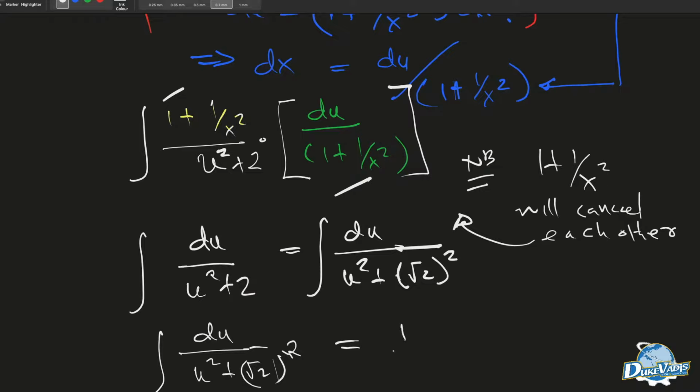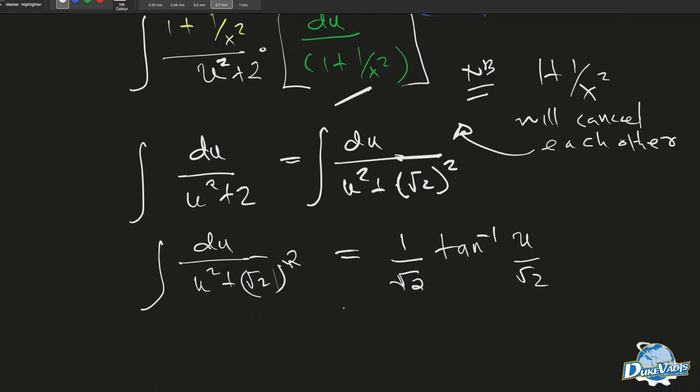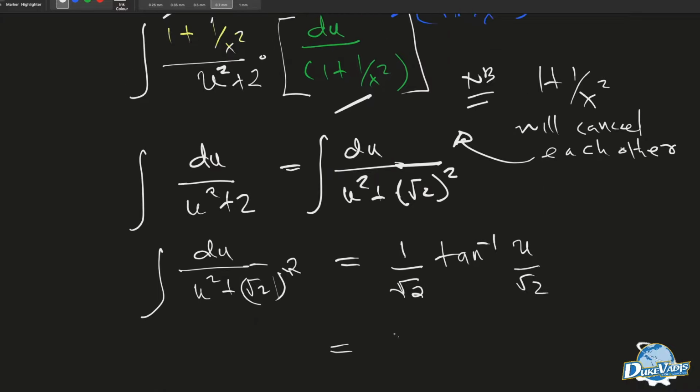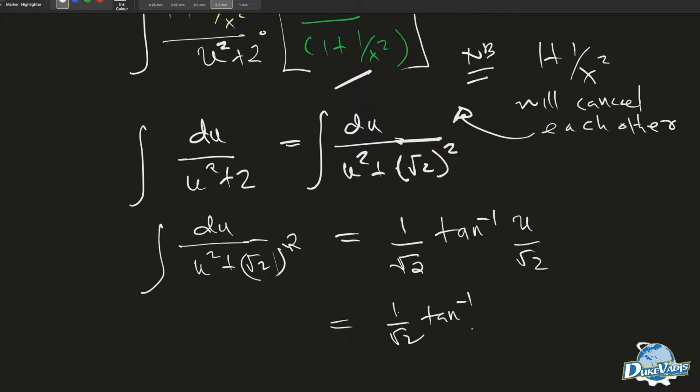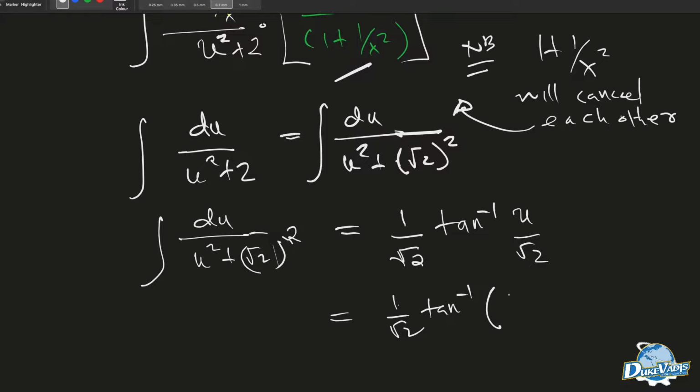this will be 1 over root 2, since that's the constant over here, and a tan inverse of u over root 2, which can be written as 1 over root 2 tan inverse, bringing the 1 over root 2 out, multiplying u.